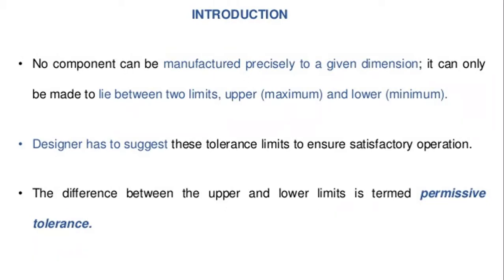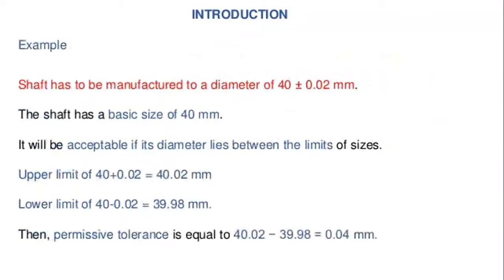The difference between the upper and lower limit is termed permissible tolerance. For example, a shaft is manufactured to a diameter of 40 plus or minus 0.02 millimeter. The shaft has a base size of 40 millimeter.